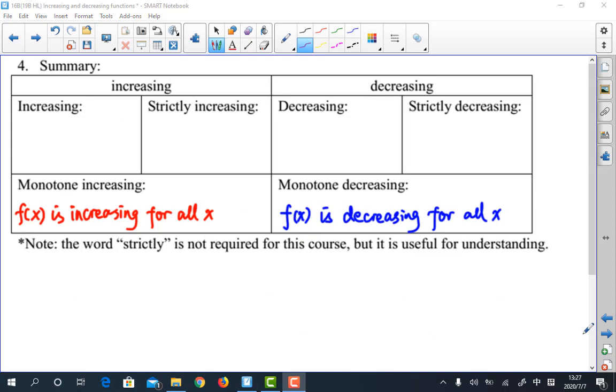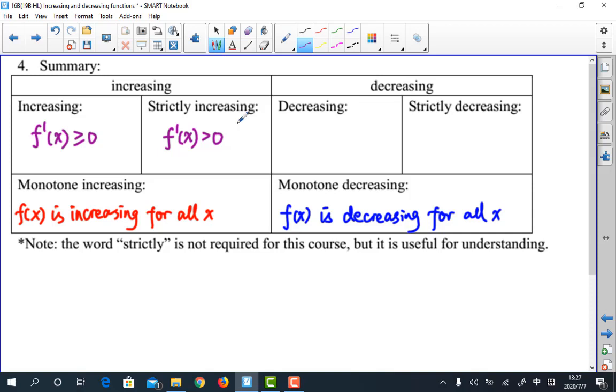So for increasing, that means the gradient of the tangent, which is the first derivative of this function, should be greater than or equal to 0. When you have f prime x just greater than 0, that's called strictly increasing.